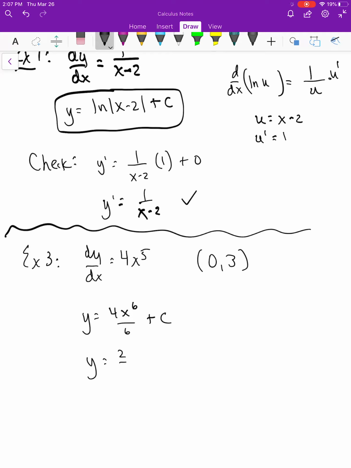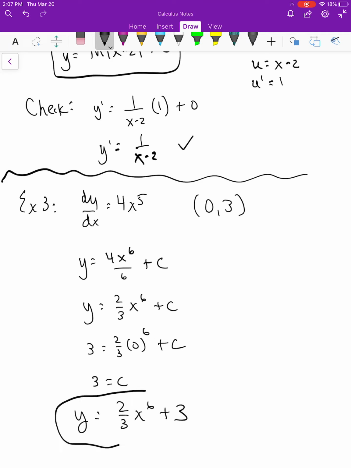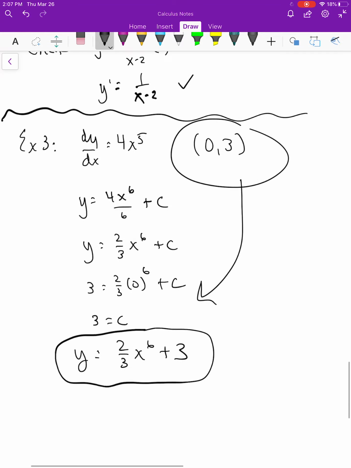Well, you would have to say, okay, this would be 4x to the 6th divided by 6 plus some constant. And then you would have told me 2/3 x to the 6th plus some constant. But then you would have put your 0 in for x and your 3 in for y. And then you would have seen that your c is 3. And so then you could give me the particular solution with my c value.